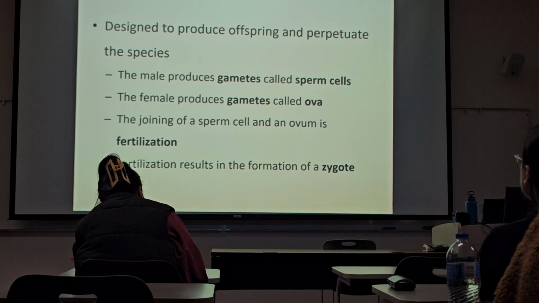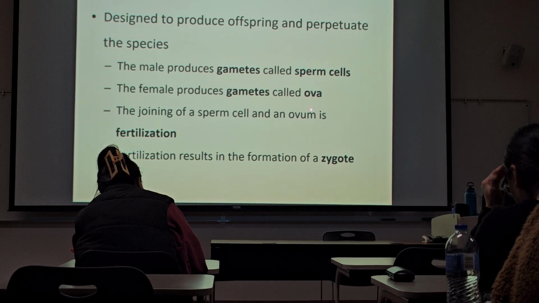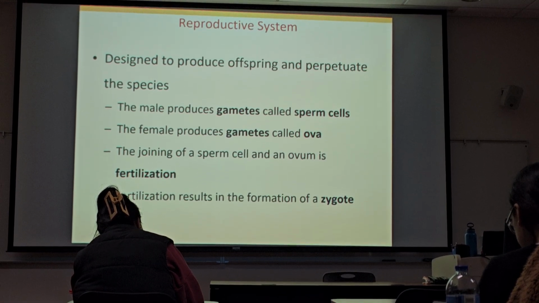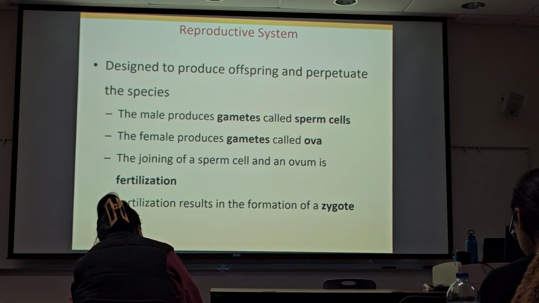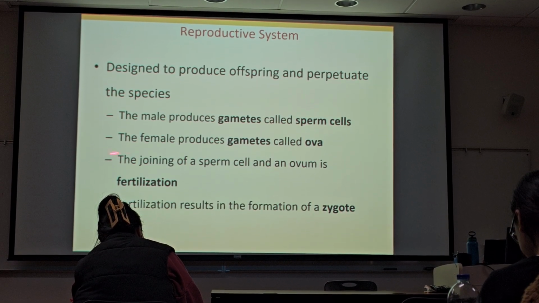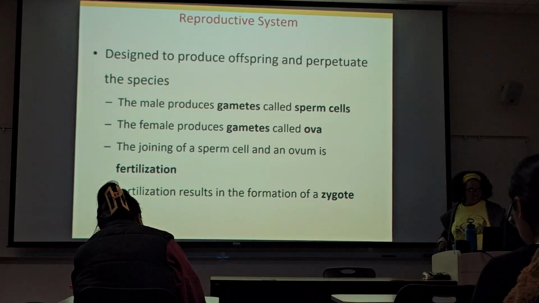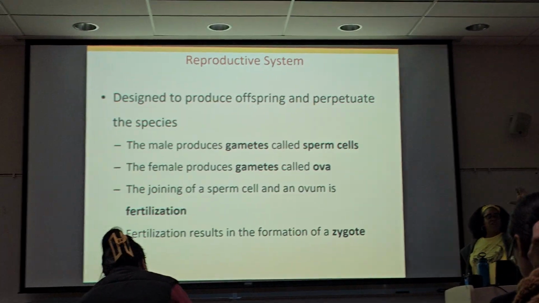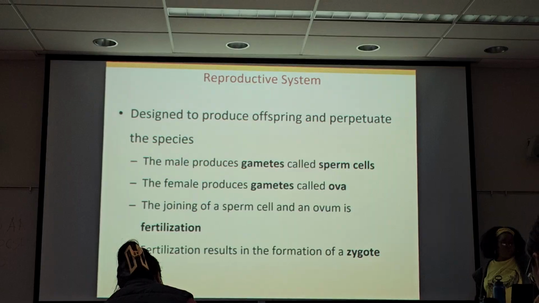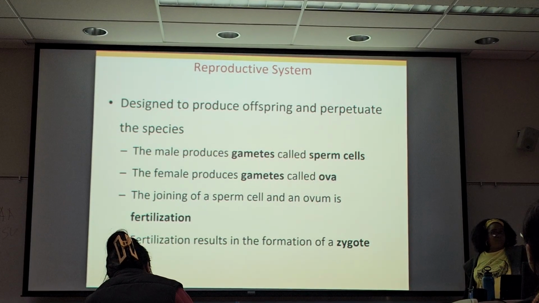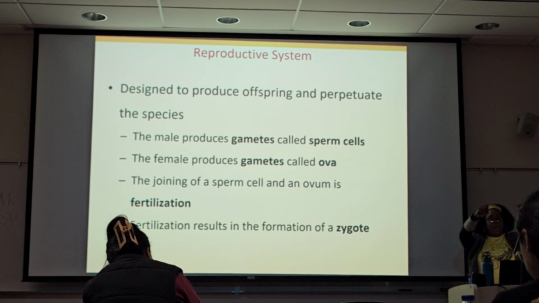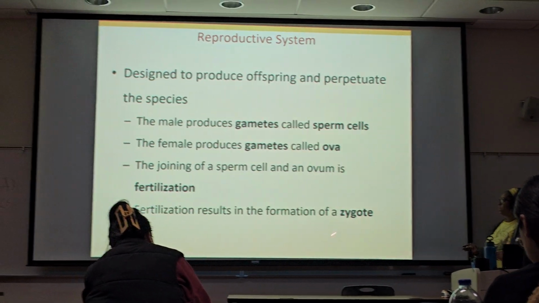Females produce their gametes, the eggs or ova. And when those join together, in the process of fertilization, they form that first fertilized cell that is now diploid: 23 chromosomes from sperm, 23 chromosomes from egg. We've made a diploid cell that is the zygote.